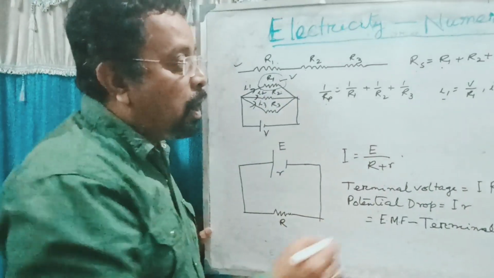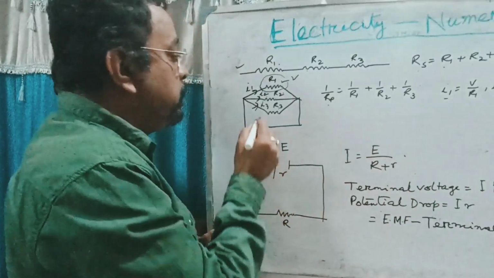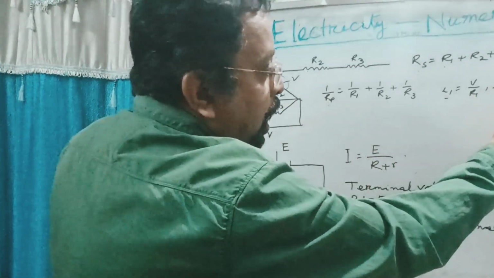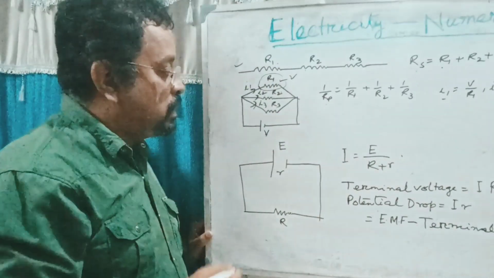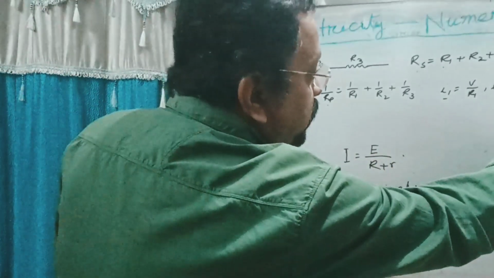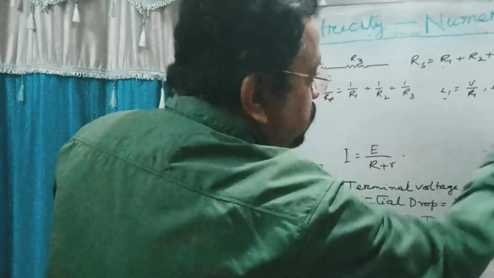Now I2, the current through the second resistor, will be this potential V divided by R2. And in case of the third resistance, this is I3. I3 will be V divided by R3.